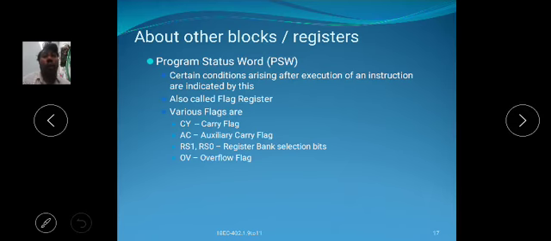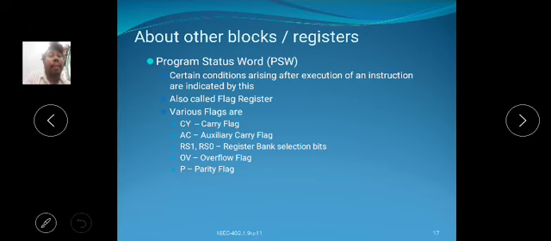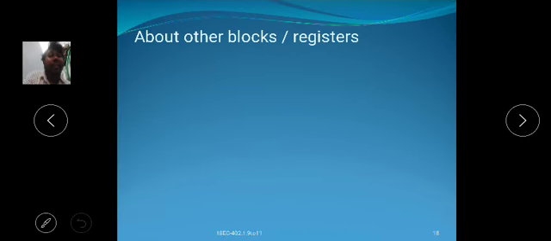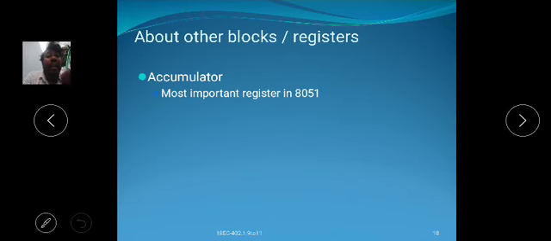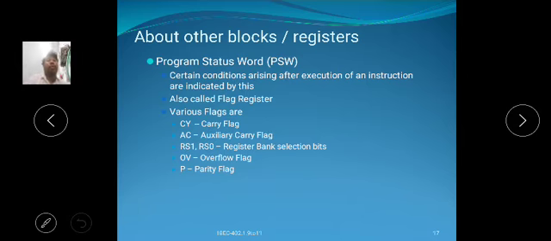And OV, that is the overflow flag. And P is the parity flag. And accumulator, again I am repeating this particular thing. The program status word, that is the PSW, also called the flag register, indicates certain conditions arising after execution of an instruction.